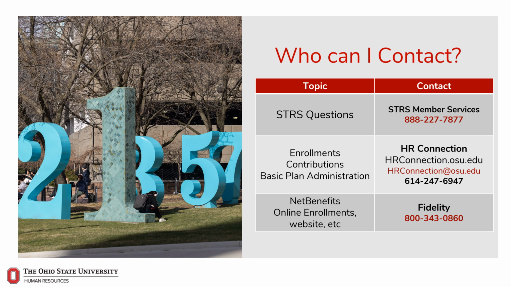Email HR Connection at hrconnection@osu.edu or call HR Connection at 614 247 6947. For issues related to enrollment on the NetBenefits website, contact Fidelity at 1 800 343 0860. For questions about the alternative retirement plan, investments, or beneficiaries, contact your ARP provider.